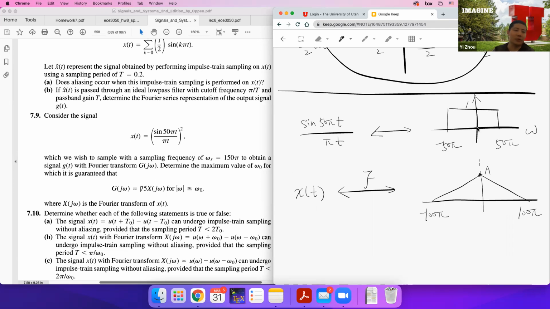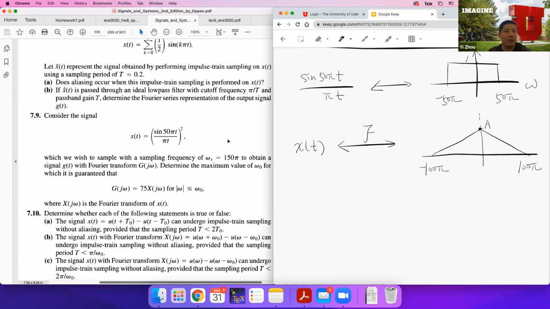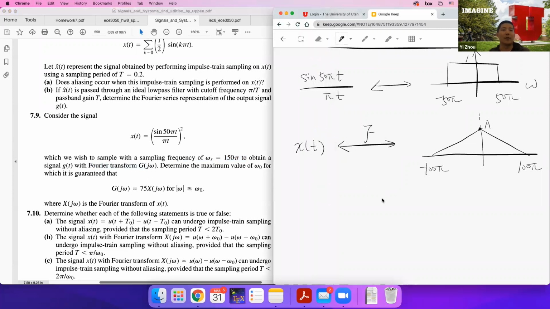You can either use the specific values, or here I'm just assuming it is a certain value capital A. And then we are sampling such x(t) at a frequency 150 pi. By the sampling theorem, we know how to plot the spectrum of the sampled signal.